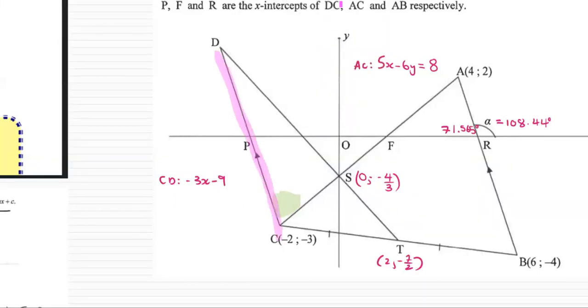DC is parallel to AB, and there's a little Z in there. So DCA is going to be equal to CAB because of alternate angles of parallel lines.